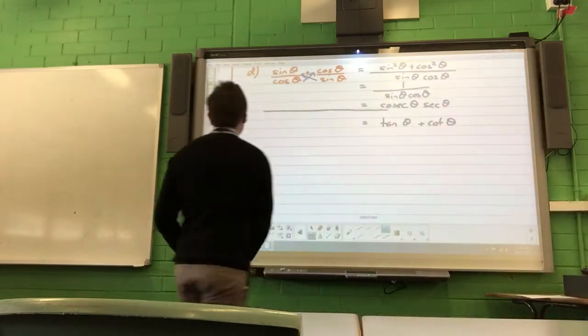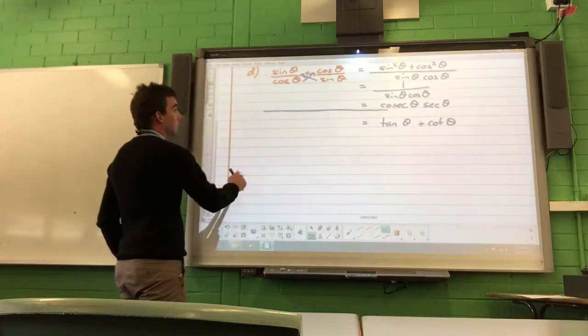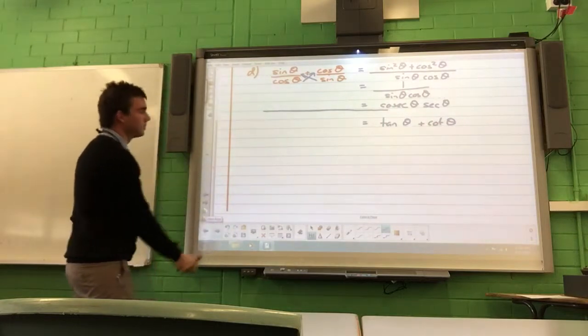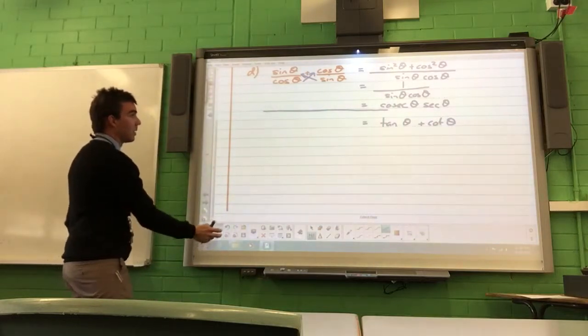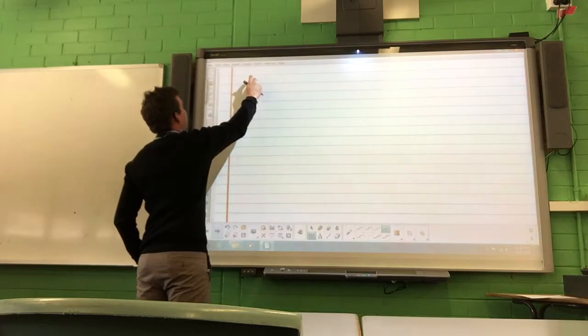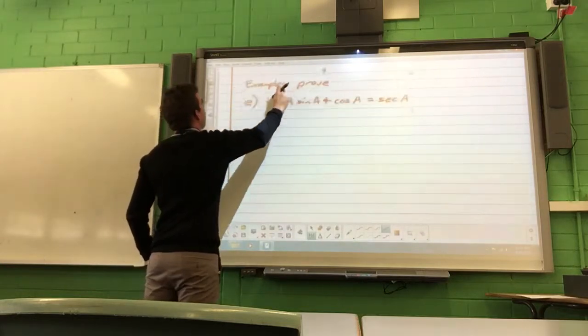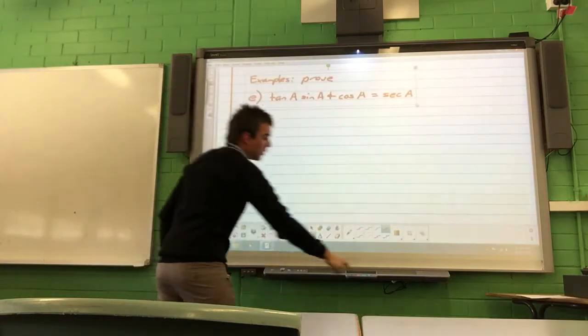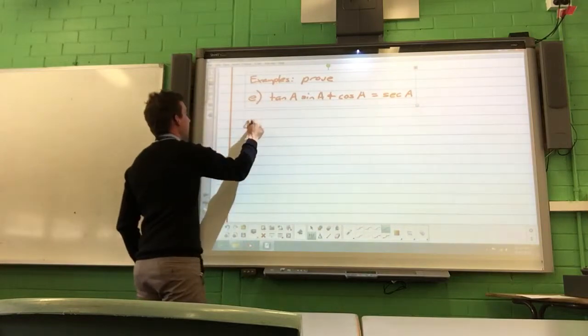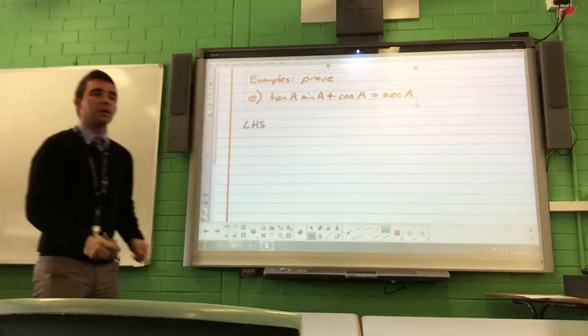To do a proof, you need to set it out similar to what we're about to do. You need to start with either the left-hand side or right-hand side.